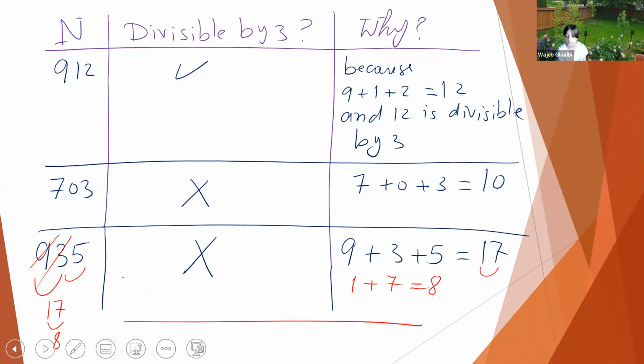912 is divisible by 3, so we can divide it by 3. What is the result? 9 divided by 3 is 3. 1 divided by 3 is 0, the remainder is 1. 12 divided by 3 is 4.